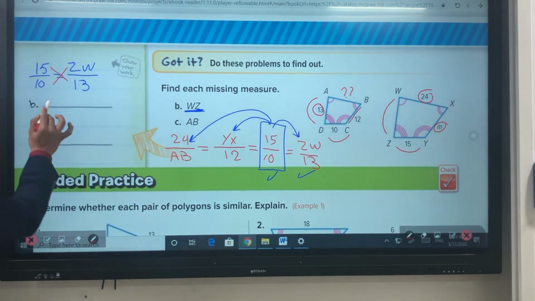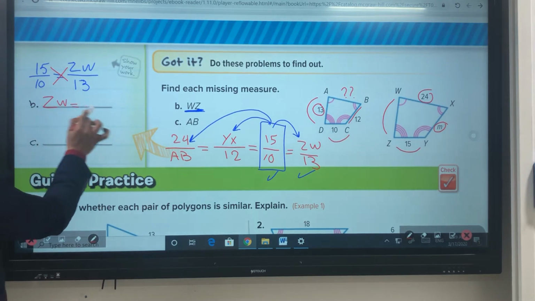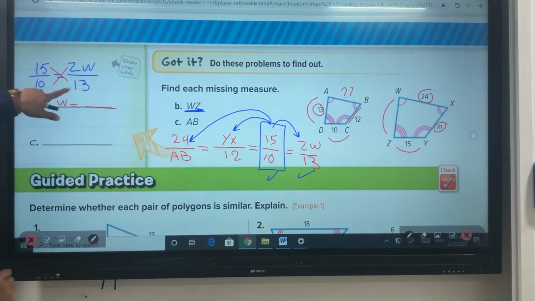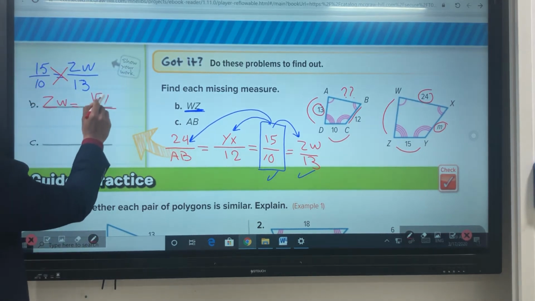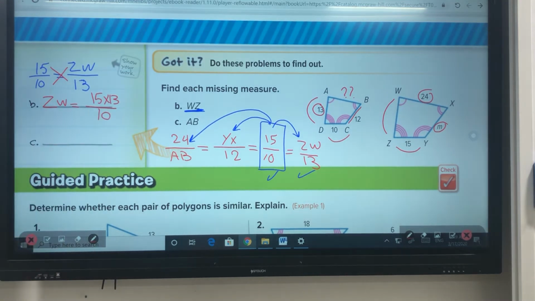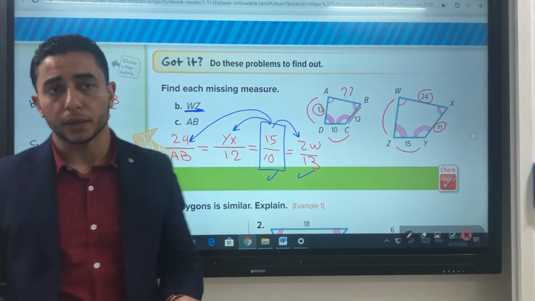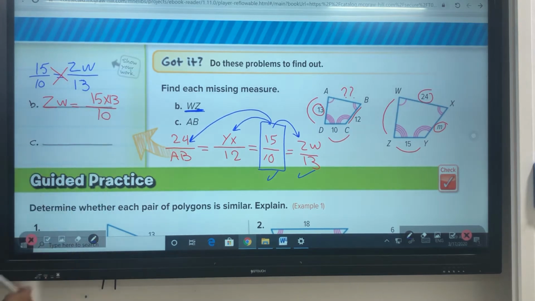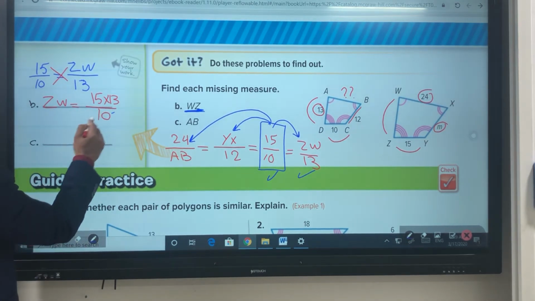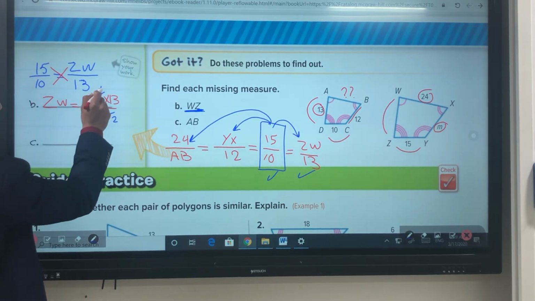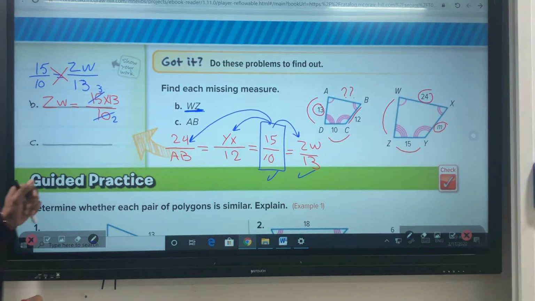So ZW equals 15 times 13 over 10. You can simplify before multiplying. You can simplify here, dividing up and down by 5. 10 divided by 5 equals 2, and 15 divided by 5 equals 3.